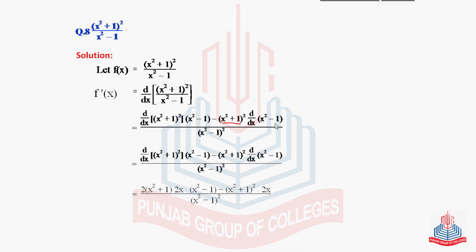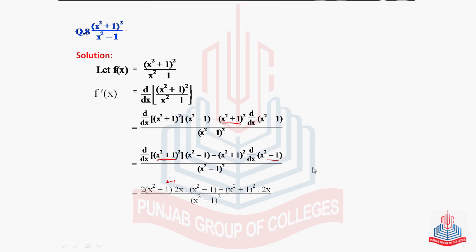When we apply the derivative on this portion, by using our power theorem, this is 2 times (x square plus 1) to the power 2 minus 1, and when we apply the derivative on x square plus 1, that will become 2x, and this x square minus 1 will be as it is, minus this (x square plus 1) whole square as it is, and the derivative will apply on x square minus 1, which is 2x, and the derivative of 1 will become 0. By applying the derivative on this part, as we discussed earlier, this is in the form of f of x whole square.